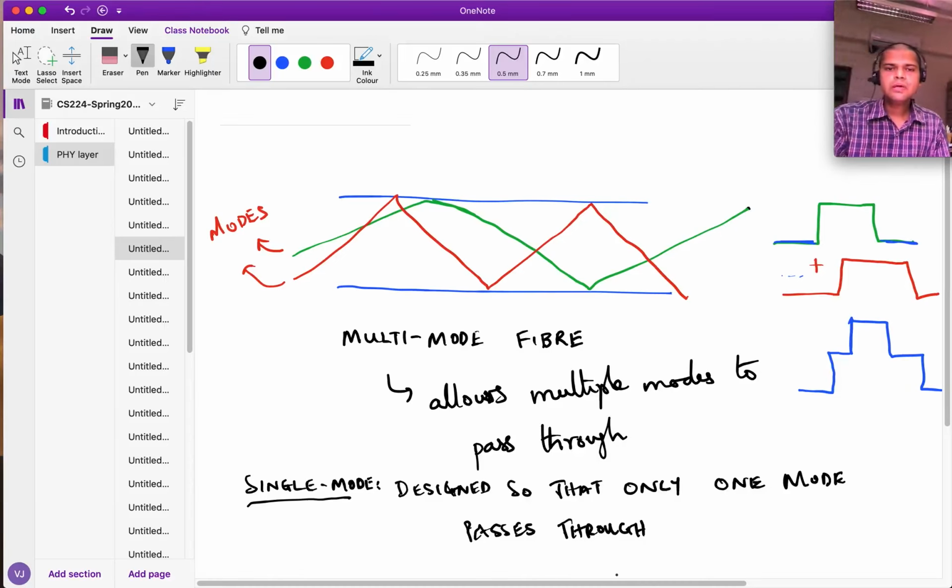And how could you do that? Well, one thing is you reduce the diameter. But you can also choose materials with refractive indices that make the critical angle higher.